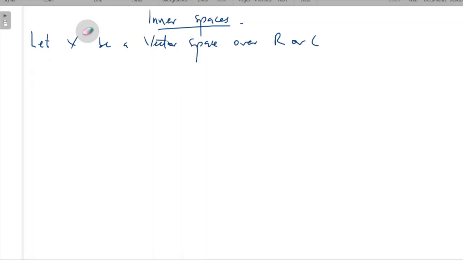Now, this is V. So now, an inner product, please take note of this, inner product spaces. So an inner product is a function as well, but this is how the function is defined.